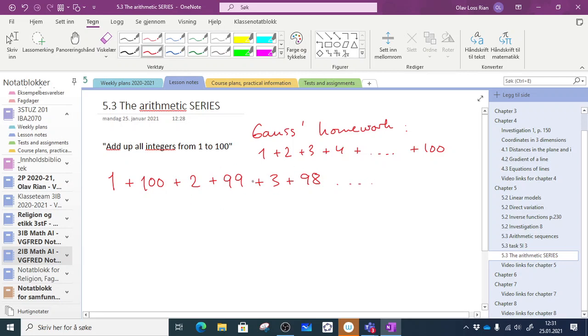And it turns out that this is a very good idea because 1 plus 100 is 101. 2 plus 99 is 101. 3 plus 98 is 101. And how many times do you have to do that? What is the last pair?